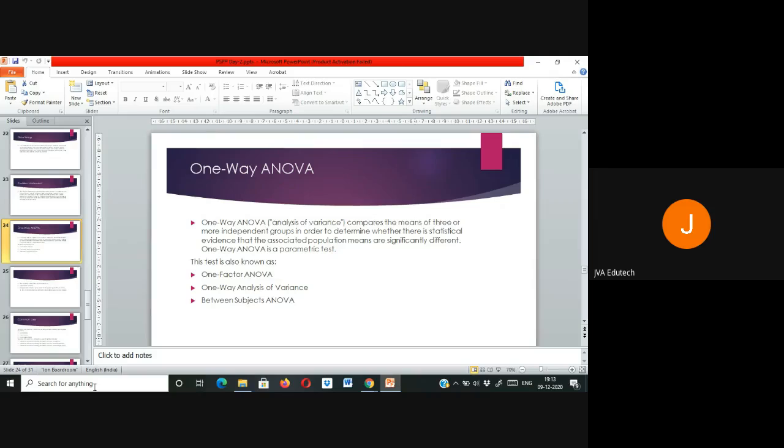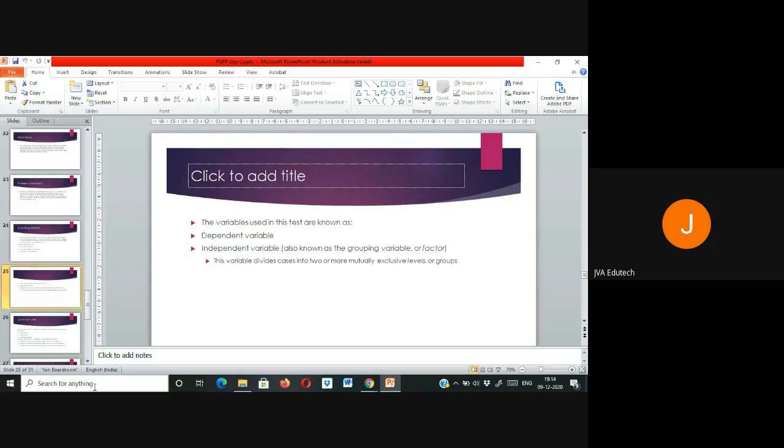Again, that follows the assumptions of normality, and data taken on a metric scale. The data should be metric, taken on a continuous scale. When all these assumptions are met, then it becomes a parametric test. This test is also known as one factor ANOVA, one-way analysis of variance, or between subjects ANOVA.